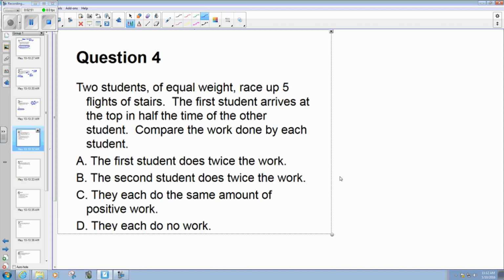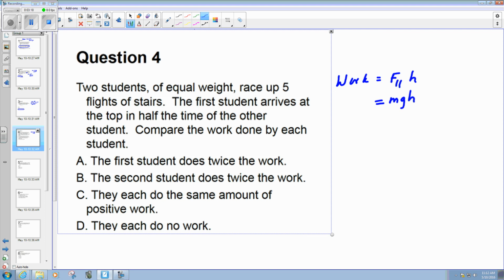This question talks about two students running up a flight of stairs at different times. Note, work doesn't involve time. Work is force parallel times distance. Our distance here is the height. The force in this case is the weight. Weight is always m times g, so this is equal to mgh.